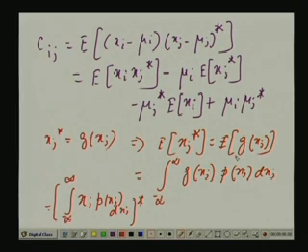So you can do the integral first and then conjugate. And what is this integral? This is nothing but expected value of x j, that is mu j, so that is mu j star.